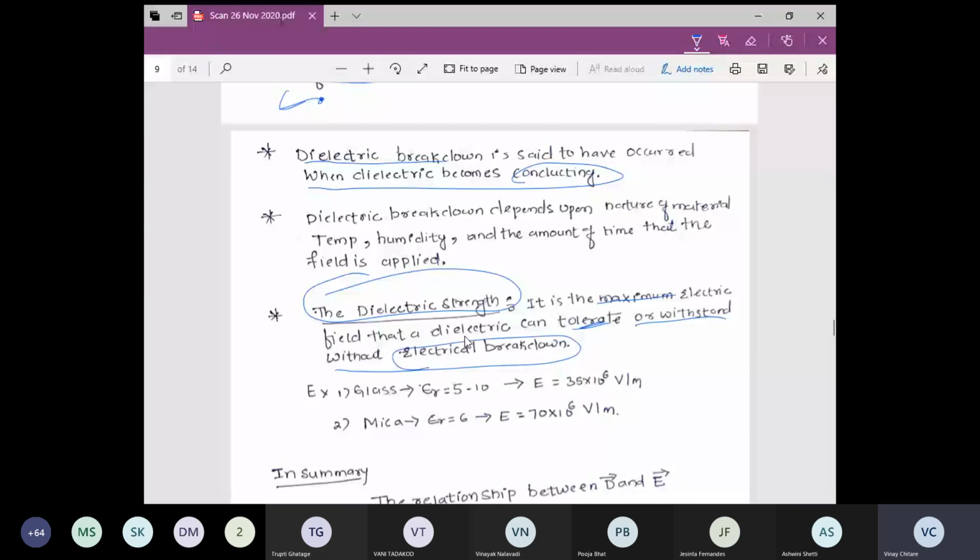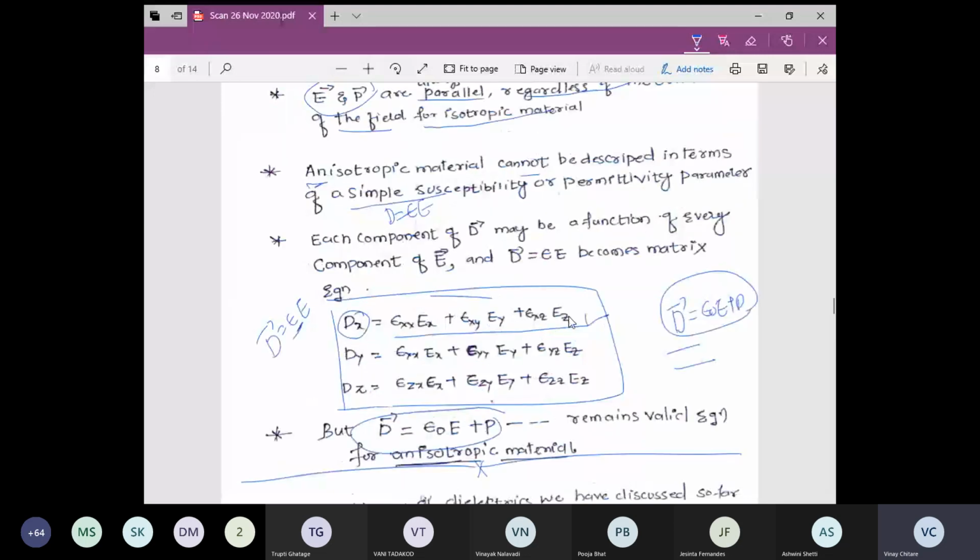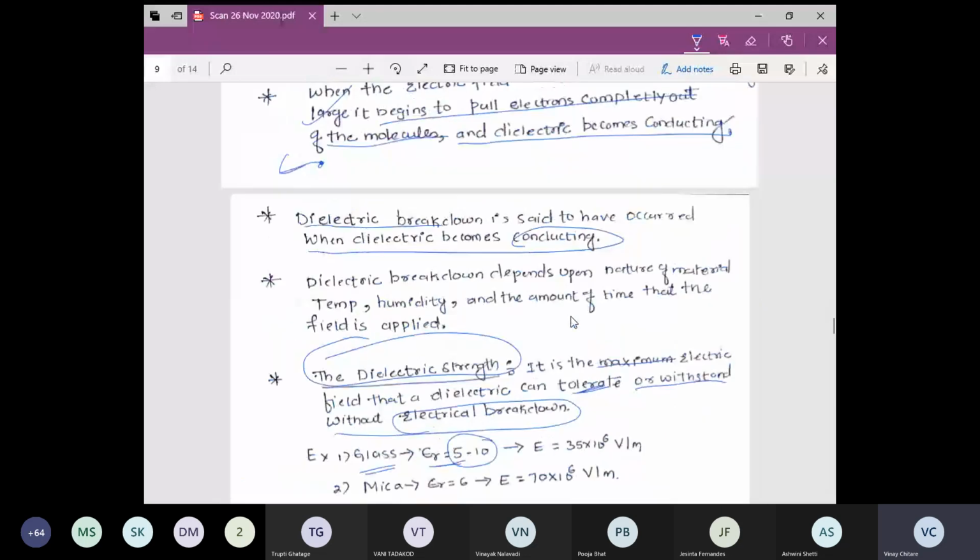For example, glass has a relative permittivity of 5 to 10, and it has a dielectric strength of this much.